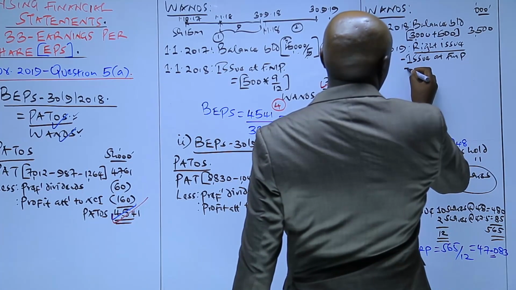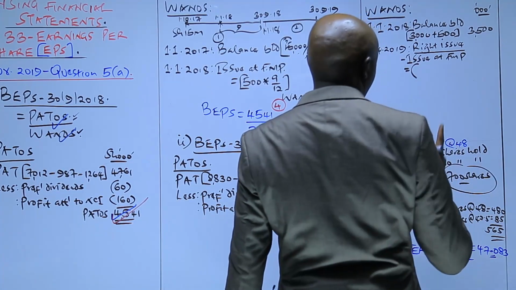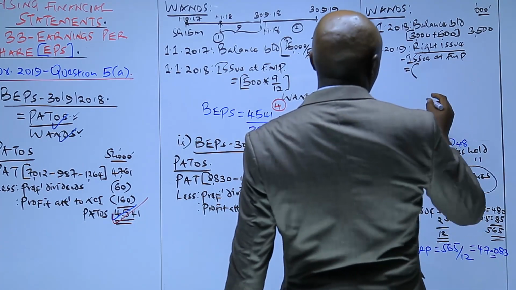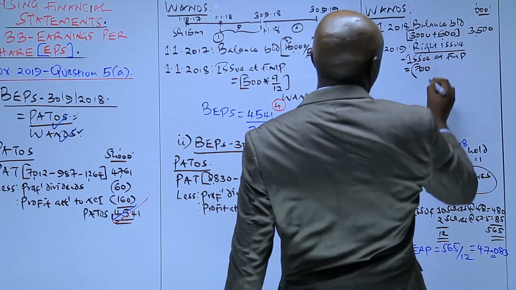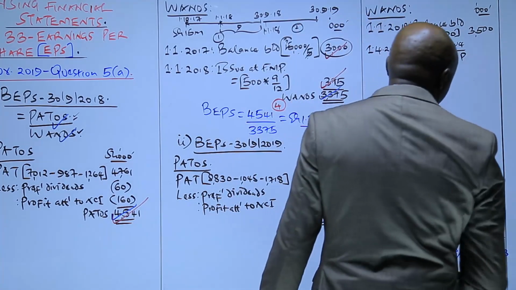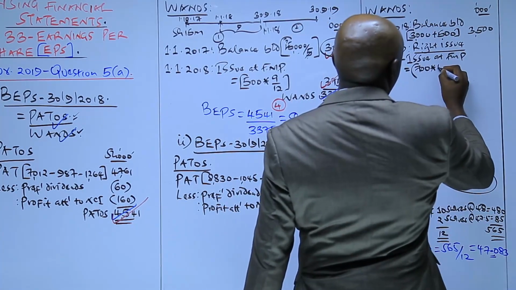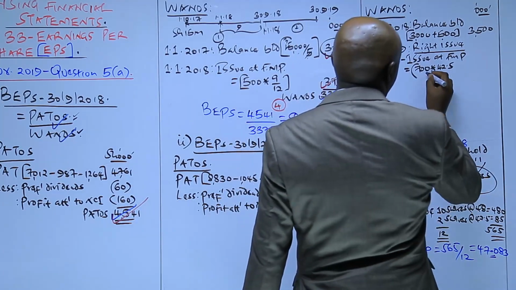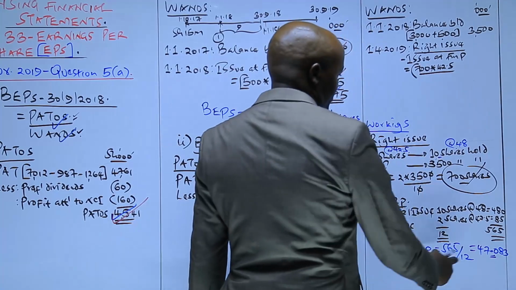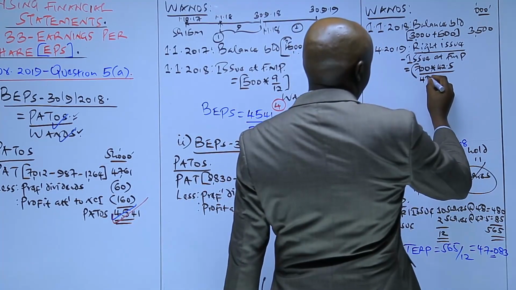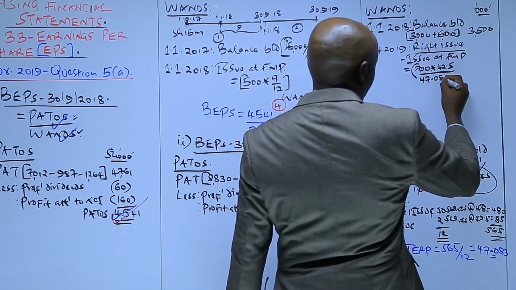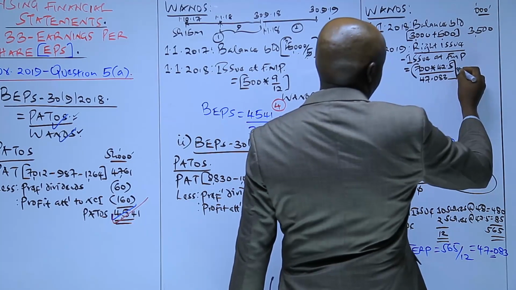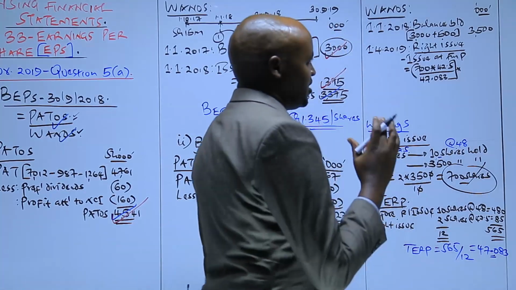To compute this, we first determine the amount received by the company from the rights issue, which is the 700 shares issued times the amount to be paid per share, 42.5. Then divide that by the theoretical ex-rights price you have computed, 47.0833.